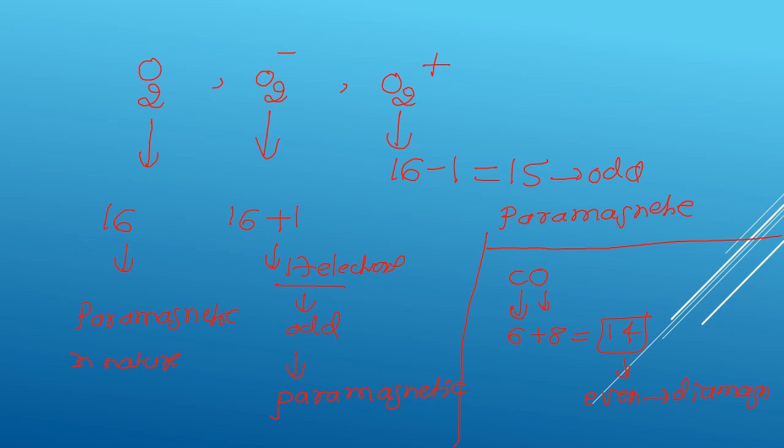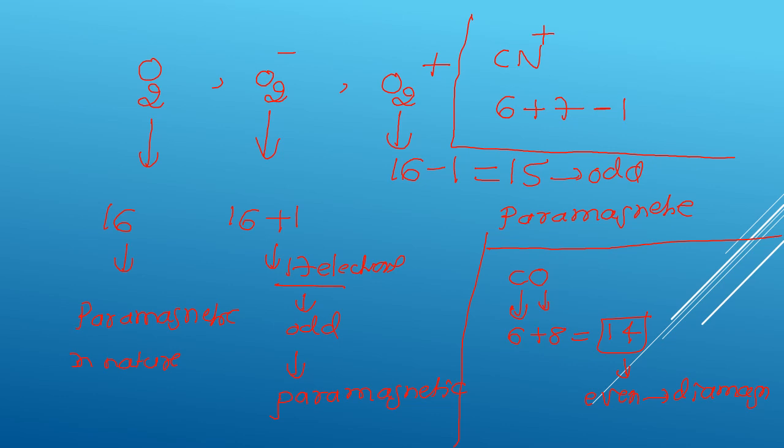One more molecule: if you consider the CN plus species. Let us see, in carbon there are a total of 6 electrons, plus nitrogen 7 electrons, and plus 1 is given, which means it is a cation. We need to subtract this electron.